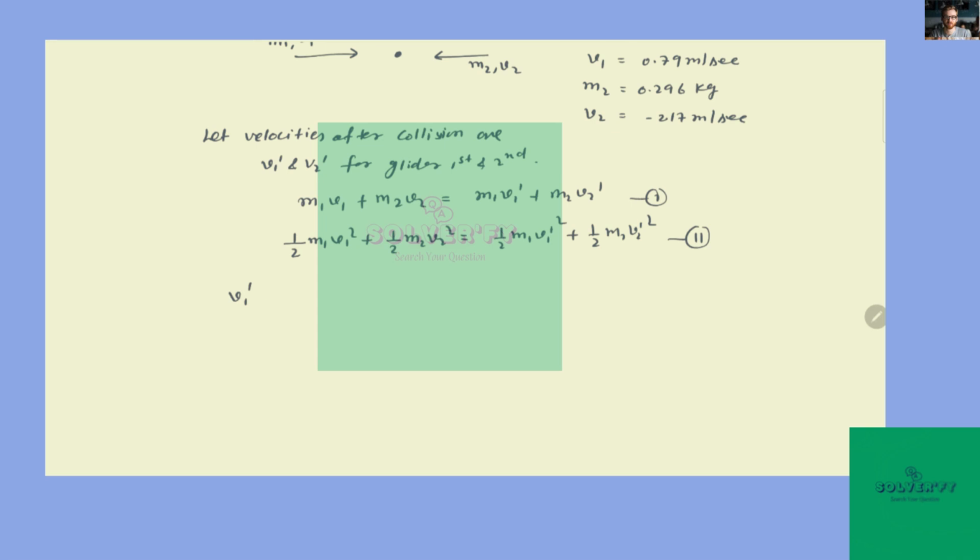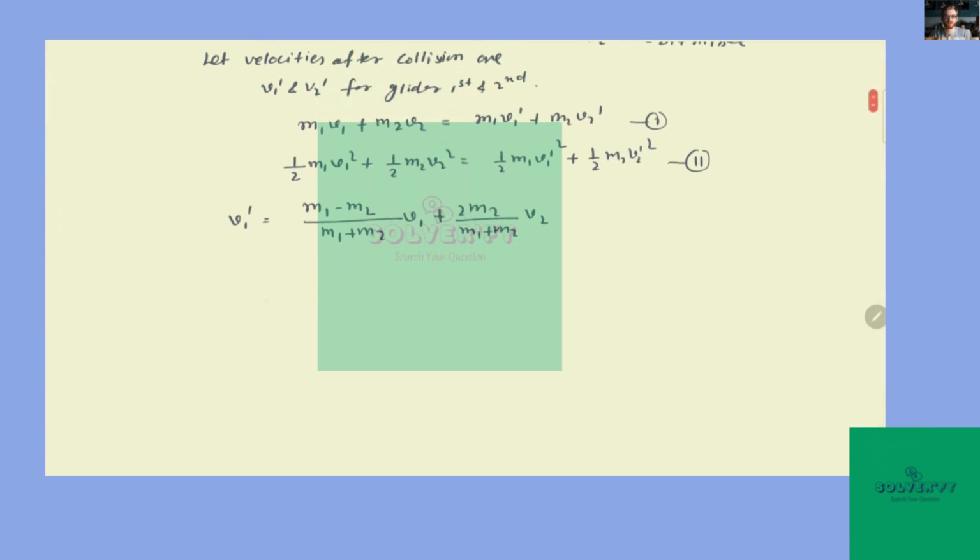So v1 dash will be equal to (m1 minus m2) divided by (m1 plus m2) multiplied by v1, plus 2m2 divided by (m1 plus m2) multiplied by v2. Now you can put the values.